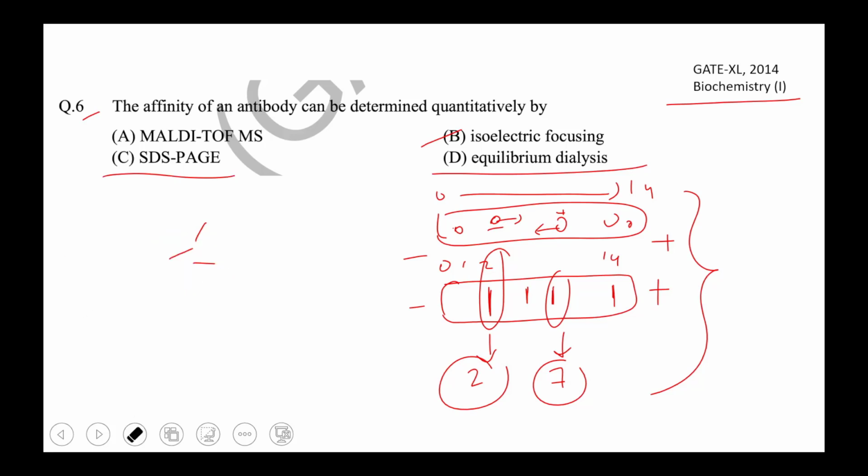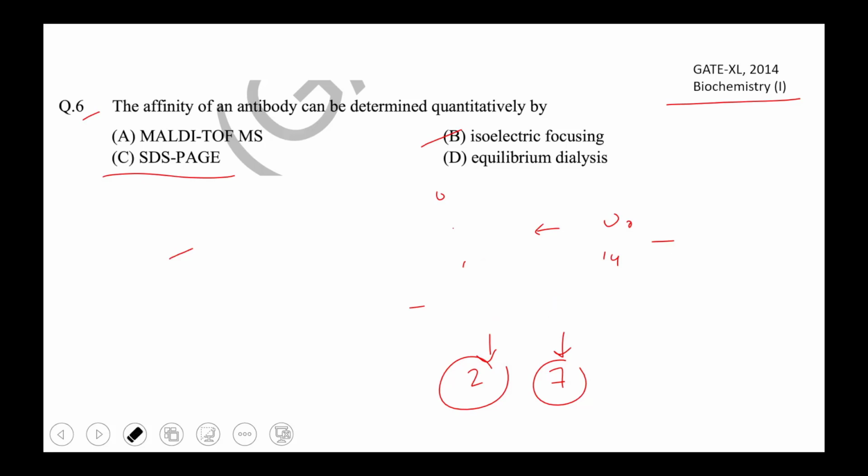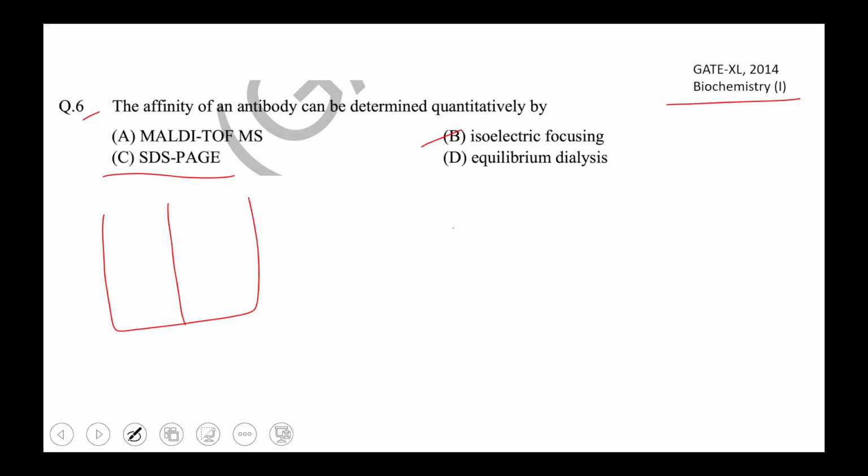If we see the fourth technique, that is equilibrium dialysis. So in equilibrium dialysis, what is happening? Equilibrium dialysis is a dialysis technique. Suppose I have a beaker divided into two chambers, and it is filled with buffer. Here is section A and this is section B. Suppose I have added 6 protein molecules and allow the dialysis to take place.